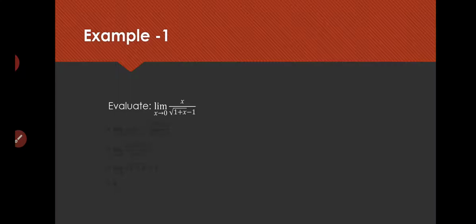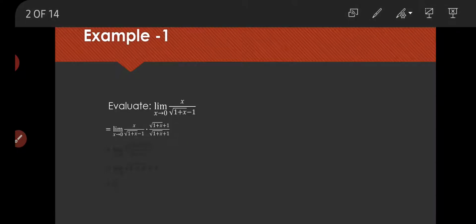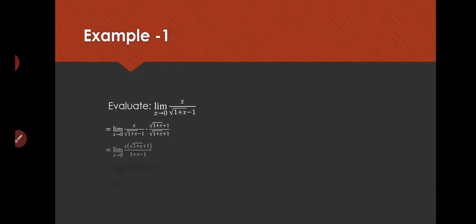Whenever you see a radical sign, be it in the numerator or the denominator, my job will always be to rationalize it. So let me rationalize. Upon rationalizing, I get x into root over 1 plus x plus 1 in the numerator, and in the denominator I get 1 plus x minus 1.